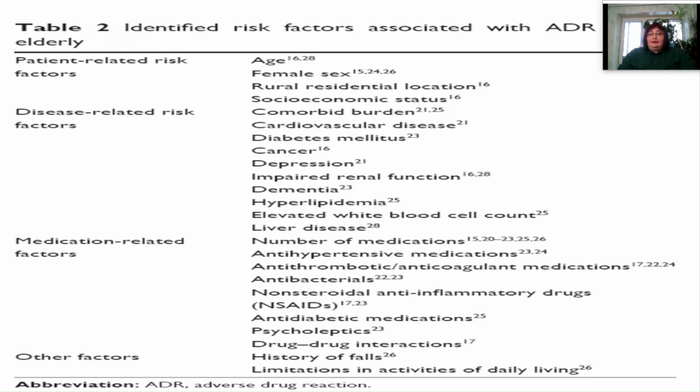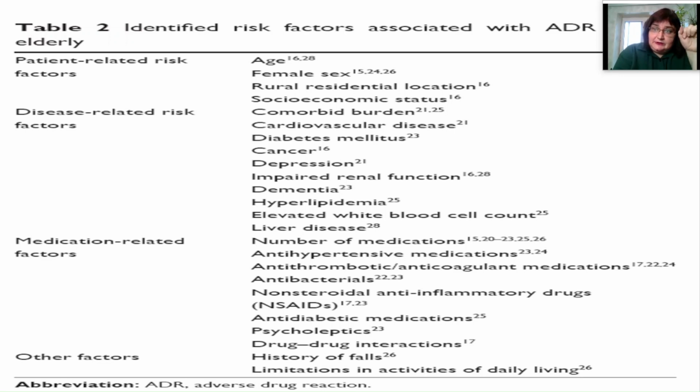Disease-related risk factors, what we paid attention to before, is comorbid burden. It's cardiovascular disease, because of age, because of the process of aging, and problems with inflammation in the vessel wall, endothelium and endothelial dysfunction as well.